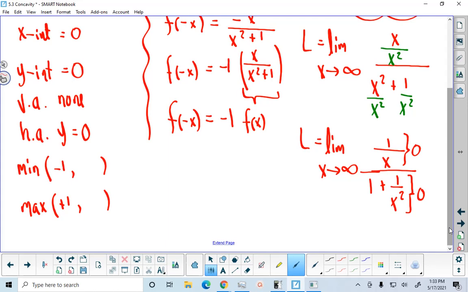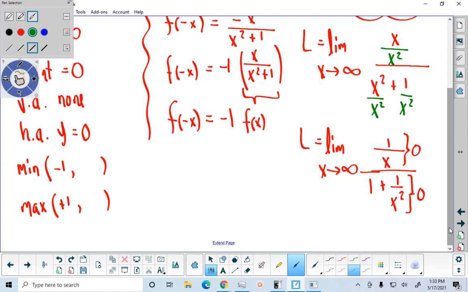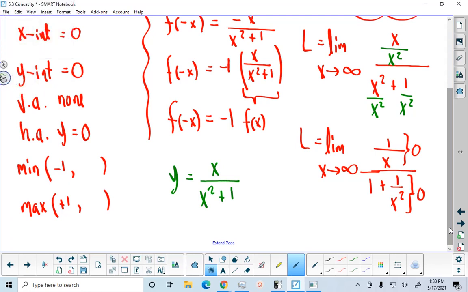And while I'm here, I might as well use the function to determine the y coordinate. I'm going to write this in a different color because I'm going to erase it in just a second, but the original function was y equals x over x squared plus 1. So if I put negative 1 in there, the top becomes negative 1, the bottom becomes negative 1 quantity squared, which is 1, plus 1, the bottom becomes 2.